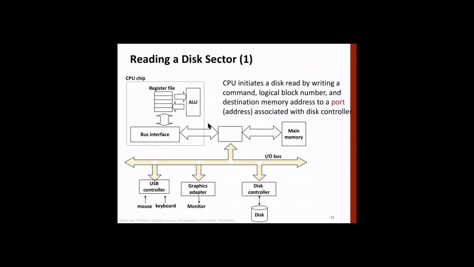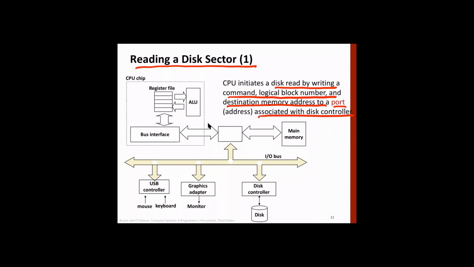Okay, now let's come back to this diagram. This of course is given in the book by O'Hallaron, Brandt and O'Hallaron. So now you see a number of buses here. Now we are reading a disk sector. The CPU initiates a disk read by writing a command, the logical block number, the destination memory address, to a port address associated with the disk controller.